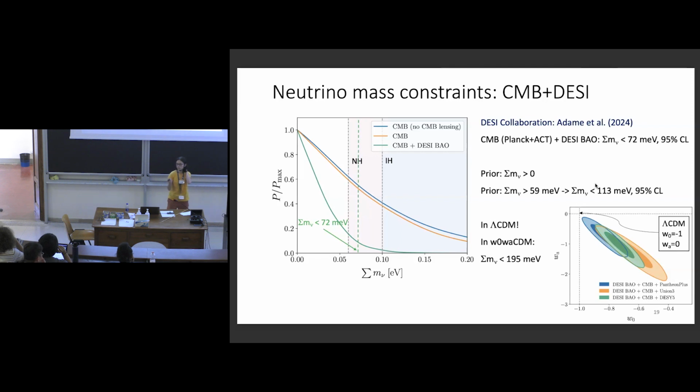If I can add, indeed, if they fit with a negative neutrino mass, they get a better fit. Of course, the neutrino mass is not negative, but what you are doing is fitting something that is in the data but that you are not properly modeling. That's why you get a better fit with a negative neutrino mass.